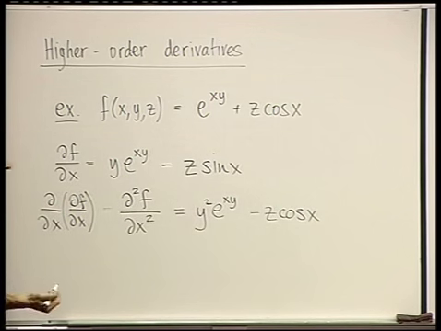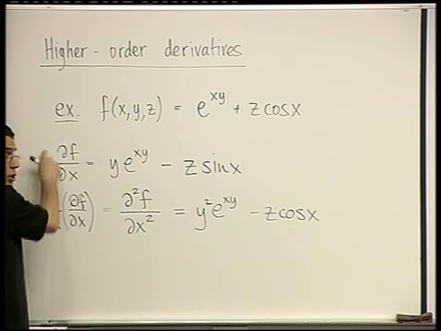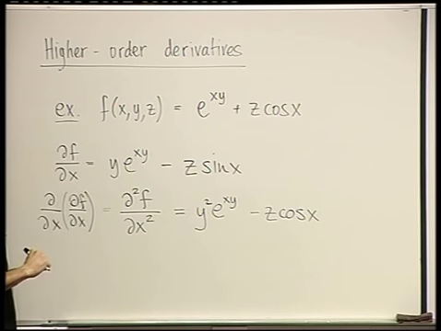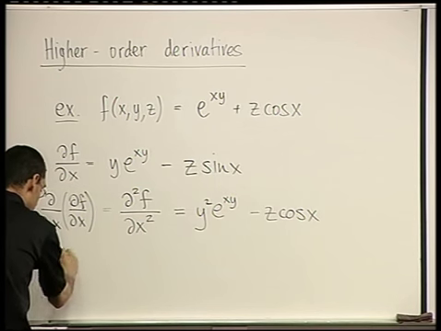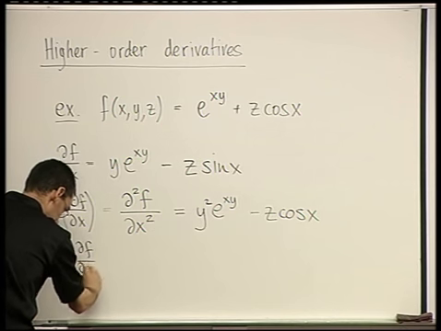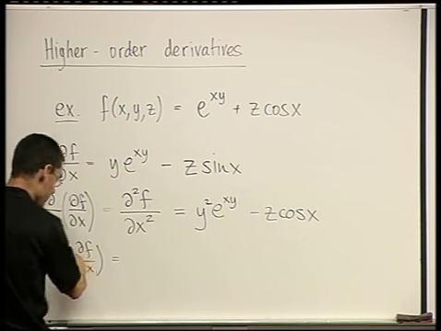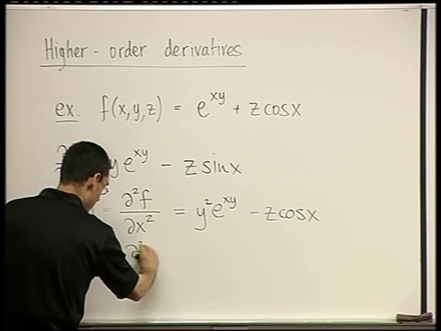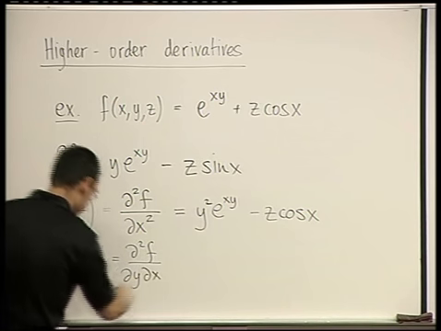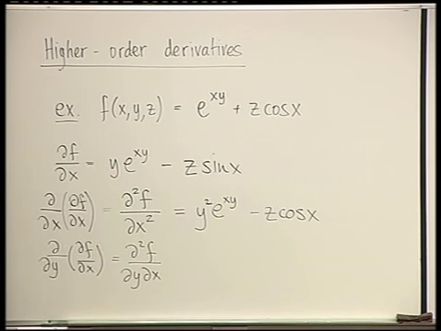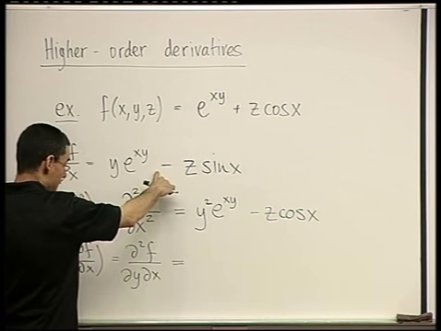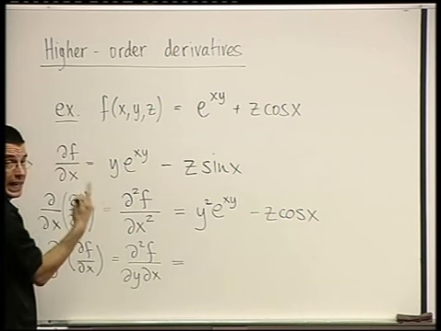Okay. But now I can ask, what's the derivative of this function, the derivative of the partial with respect to x, with respect to y? That also makes sense. So I can ask, what is d/dy of df/dx? And the notation for this is d squared f over dy dx. What is it? I'm looking at this and taking the derivative with respect to y.